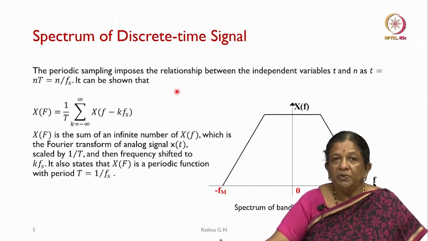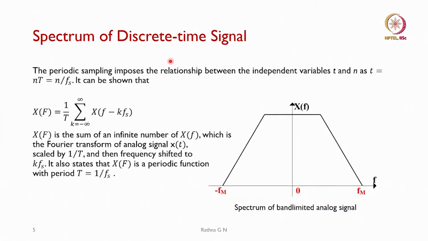How are we going to represent the spectrum of a discrete time signal? Periodic sampling imposes a relationship between the independent variables t and n, as t equals nT, which is nothing but n divided by fs.